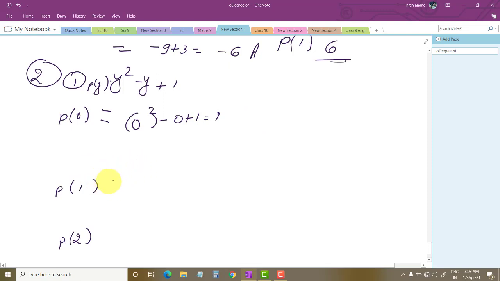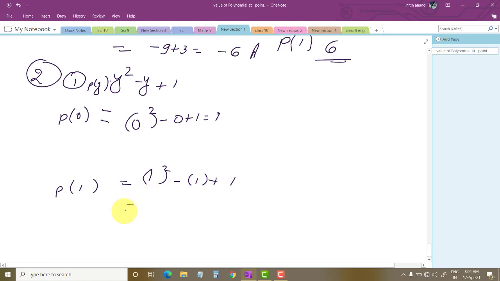P1 again we have to find. Yes, then we have Py is equal to y square minus y plus 1. We have to write y square minus y plus 1. Then write y square, that means 1 square, minus y, that means 1, and plus 1. Now what does it become?